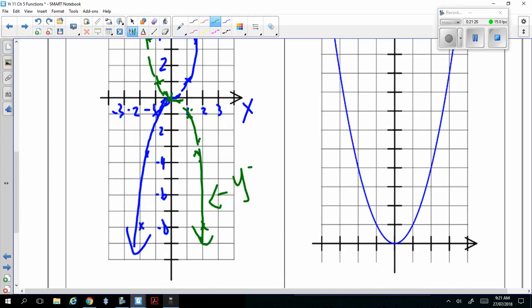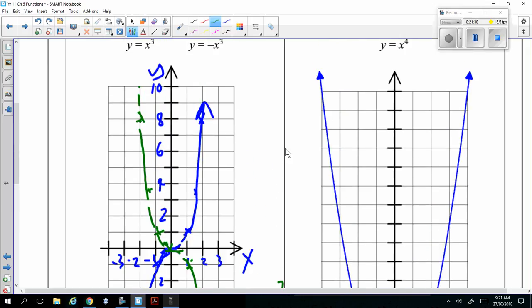Okay, all drawn. I'm going to leave it on for a minute or so.